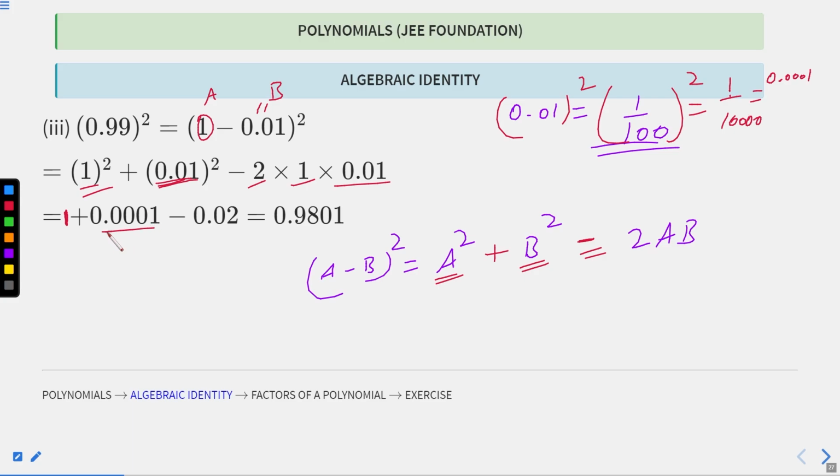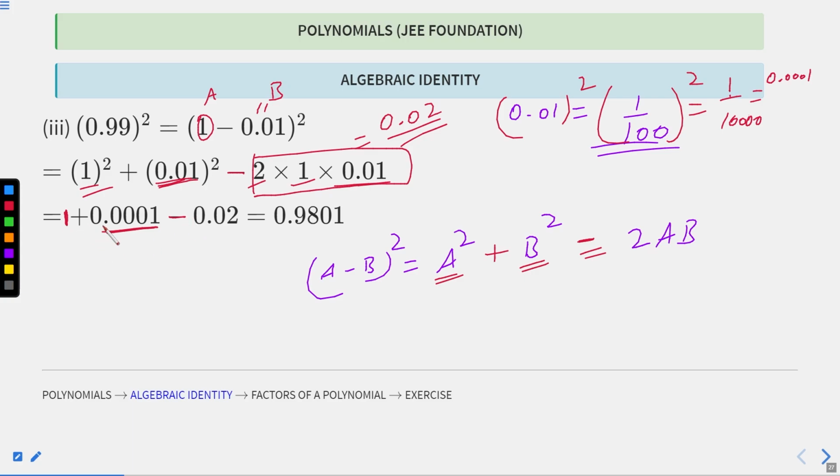So yes, this is written over here, and minus 2 multiplied by 1 times 0.01, this last term is equal to 0.02, and minus is already there.